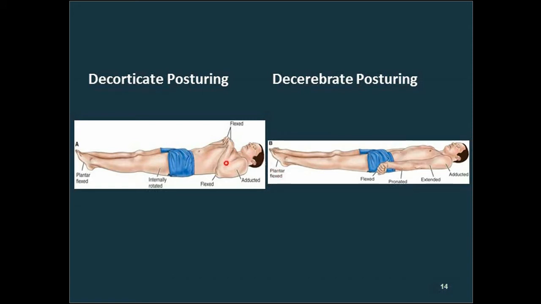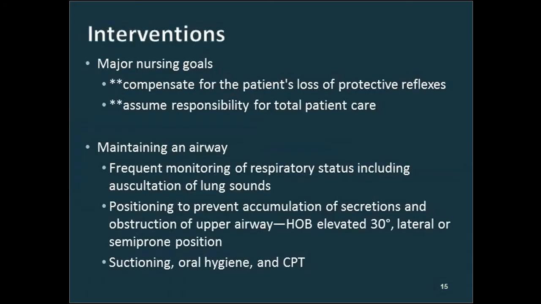As you can see here in decorticate, those arms are drawn in to the core. And over here with decerebrate, you see how the wrist is turned outward, okay? There are other signs in the legs and in the neck and back, but really it's the arms that you can really tell the most difference in.